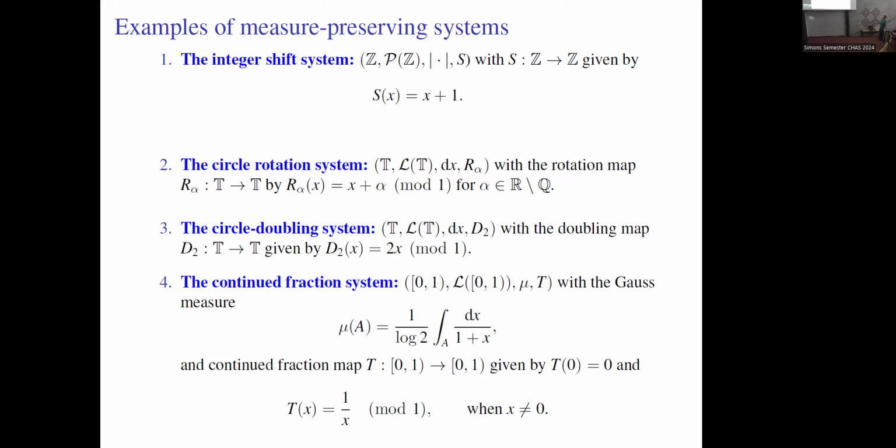Having this interpretation, we can derive many nice statistical properties of continued fractions, which can be deduced, for instance, by appealing to the ergodic theorem.